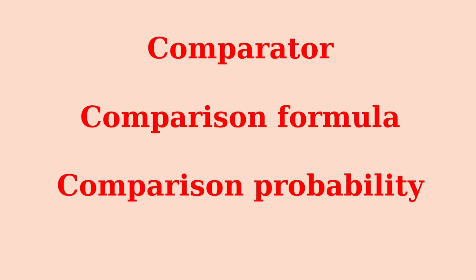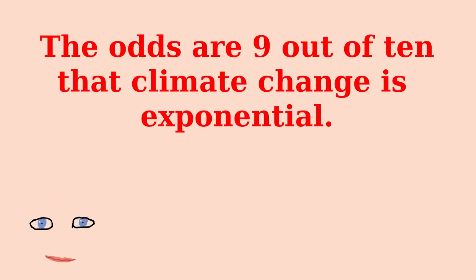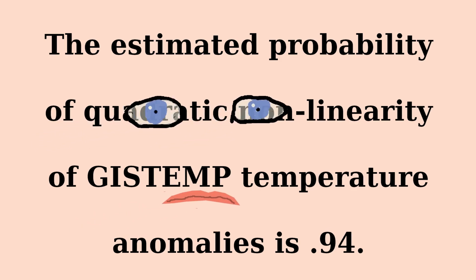Even better, calling probability odds and expressing it as an integer from 1 to 10 makes everything seem easier and more trustworthy. The odds are 9 out of 10 that climate change is exponential. It's more comfortable than the estimated probability of quadratic nonlinearity of temperature anomalies is 0.94.